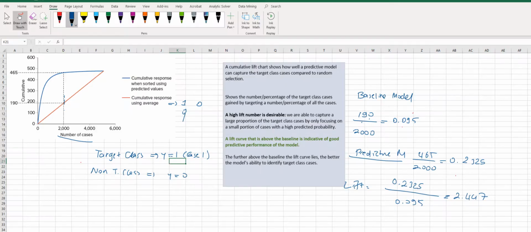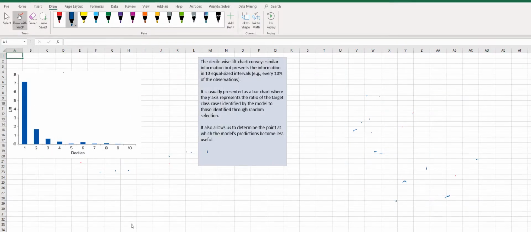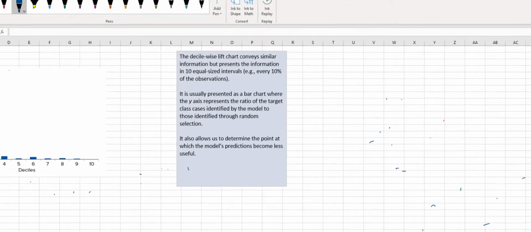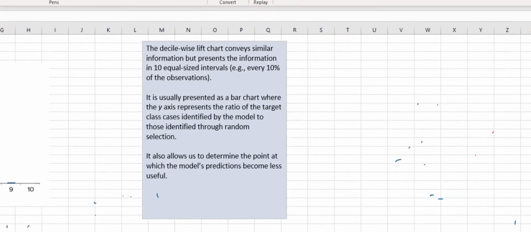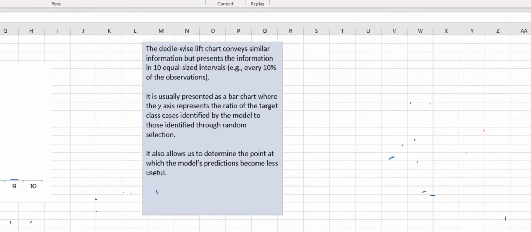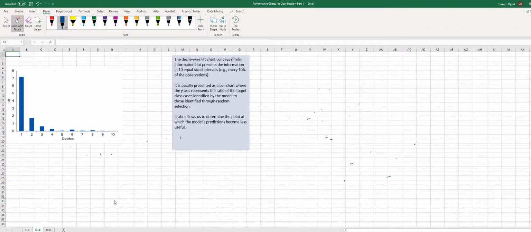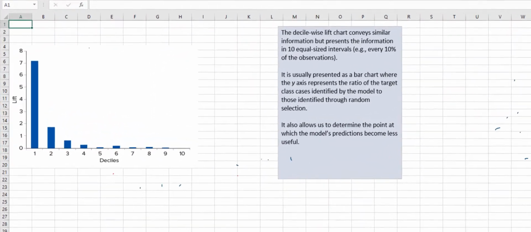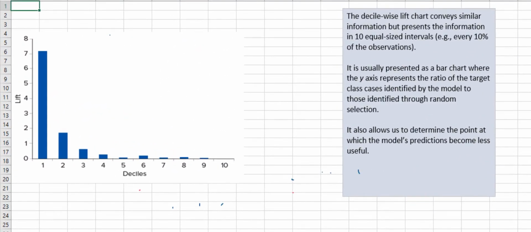Now next we talk about the decile-wise lift curve. The decile-wise lift curve conveys similar information as the cumulative lift chart, but presents the information in 10 equal size intervals. It is usually presented as a bar chart where the y-axis represents the ratio of target class cases identified by the model to those identified through random selection.